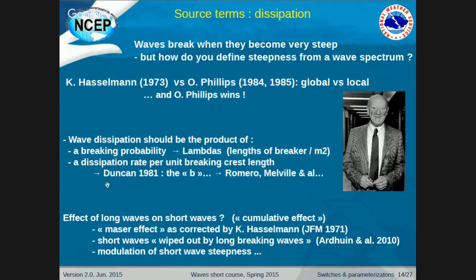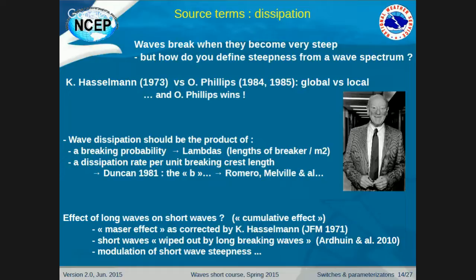And then the idea is that the dissipation rate for a given wave should always be more or less the same thing. And people in the lab have found, that's Duncan at the University of Maryland, that the dissipation rate scales with some B coefficient times the phase speed to the power of 5.